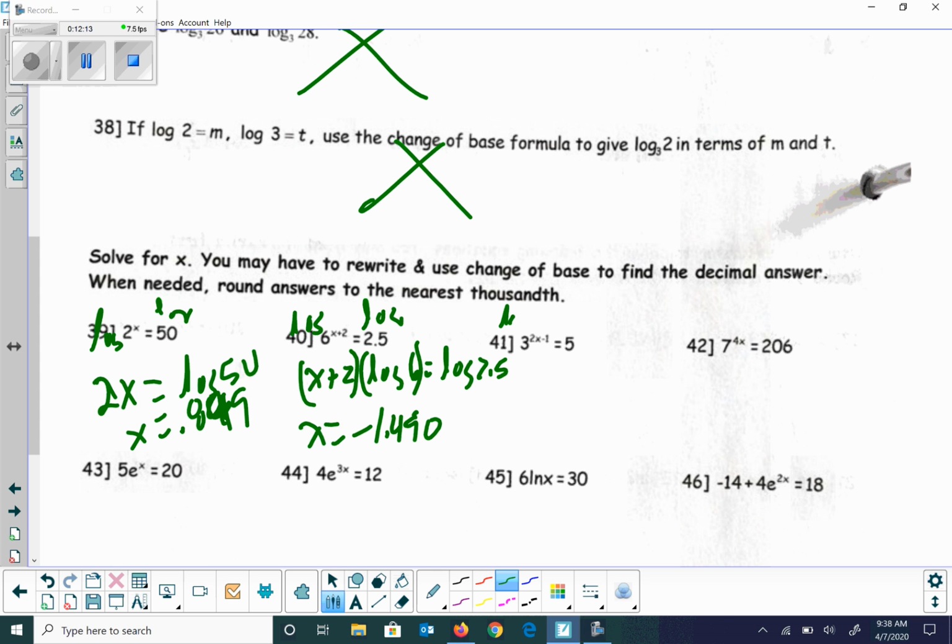This one I'm going to do log both sides. This is going to be done the same way. So I'm going to get log 3, and then out in front is 2x minus 1 equals log 5. So I'm going to go log 5 divided by log 3, add 1, and then divide by 2.